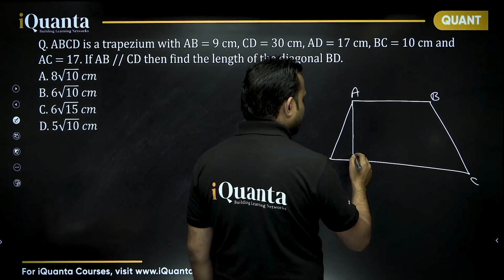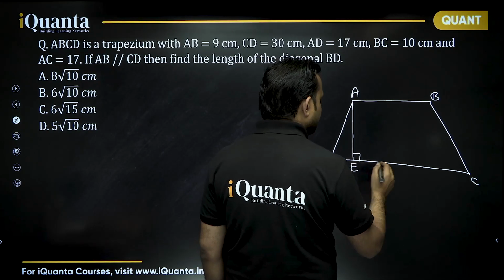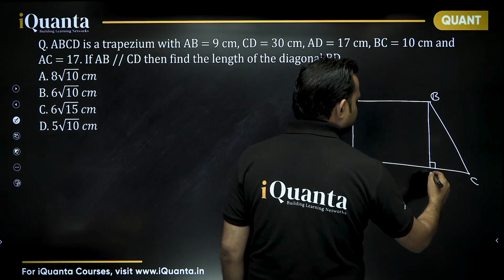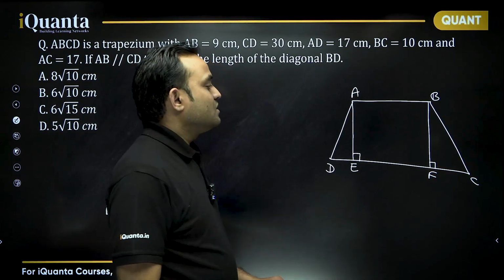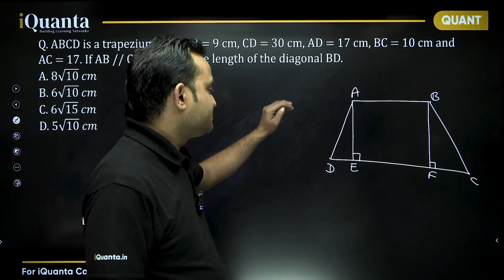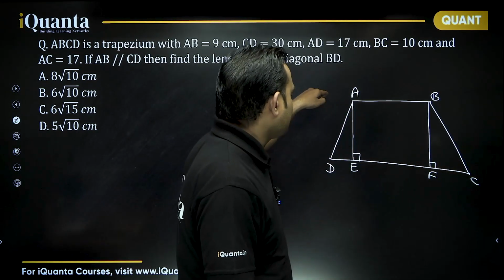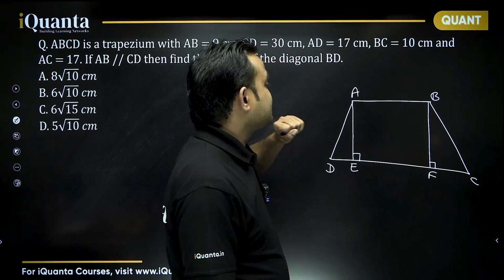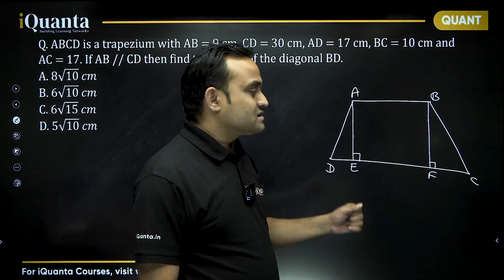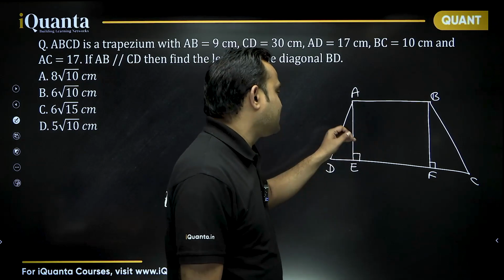Let's draw perpendicular AE and this one BF. Now remember, what has been given? AC is equal to 17 is given. But we won't require this length to find the other diagonal.